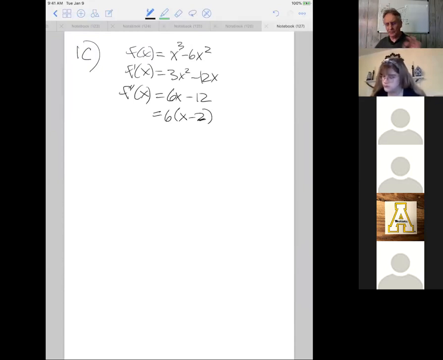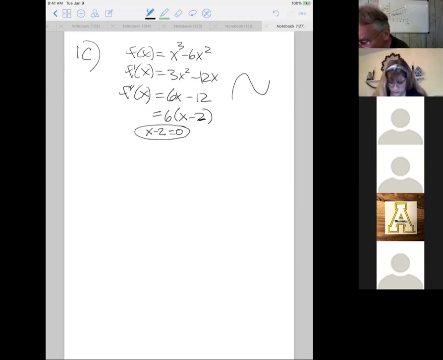So if we set that equal to 0, x minus 2 equals 0 is the only place where the second derivative is equal to 0. And that's a clue that that's where the point of inflection is, okay? It's a matter of checking it to verify it, but that's where the point of inflection is happening.